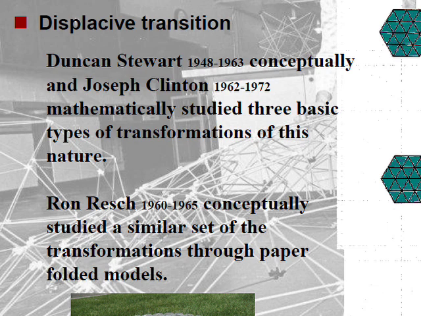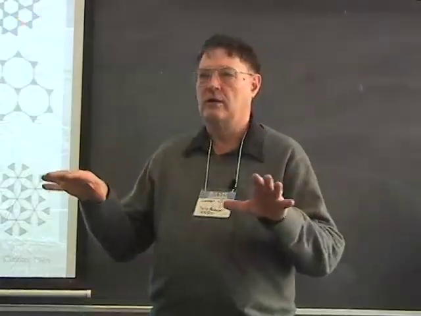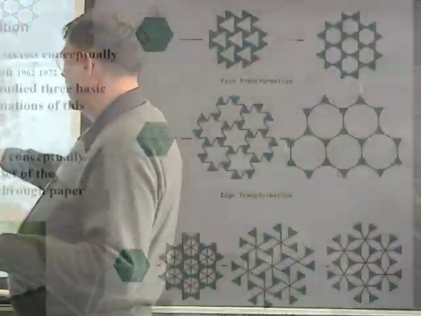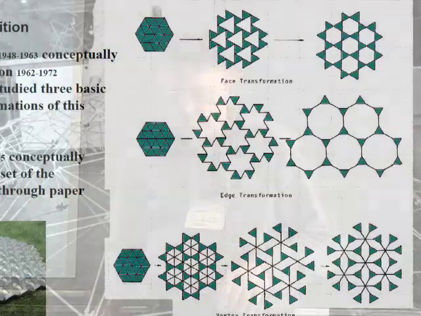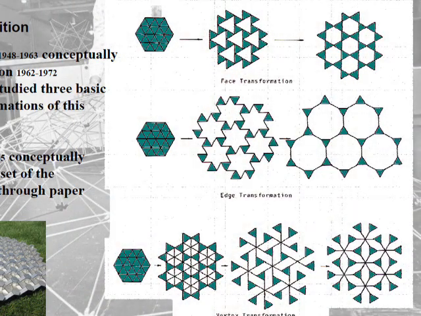He worked with Fuller in the Fuller Foundation, which Fuller set up specifically for these kinds of purposes. He was looking at these conceptually and started to catalog different forms. What he worked on was that he broke it down into 3 different types of transformations.